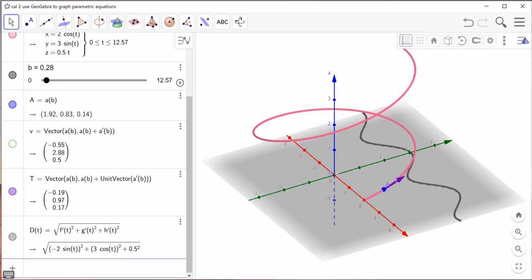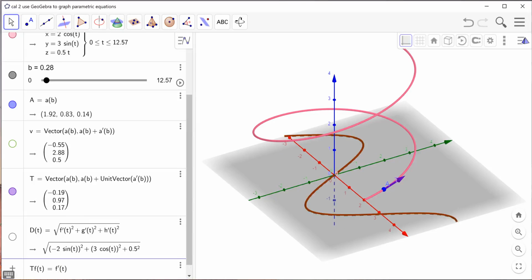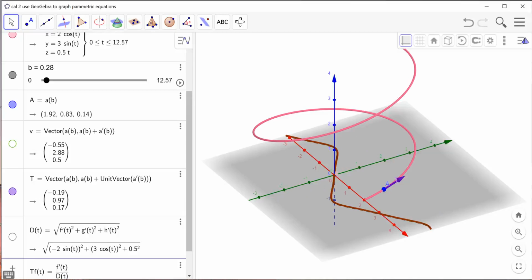Now, let's find the coordinate functions of the unit tangent vector. Let's call it TF of t, which is f prime of t divided by D of t. This is the x-coordinate of the unit tangent vector.